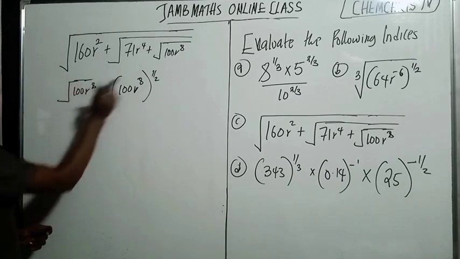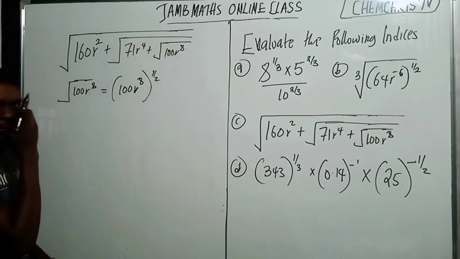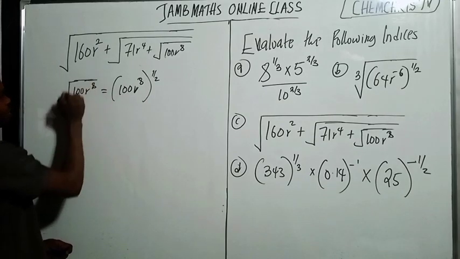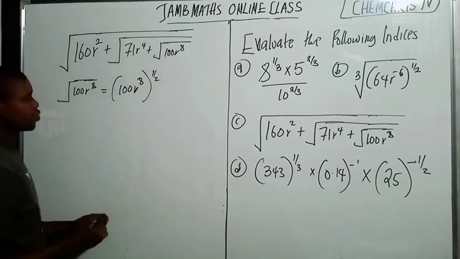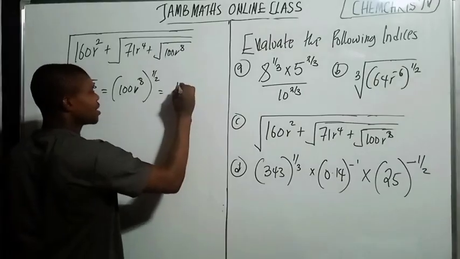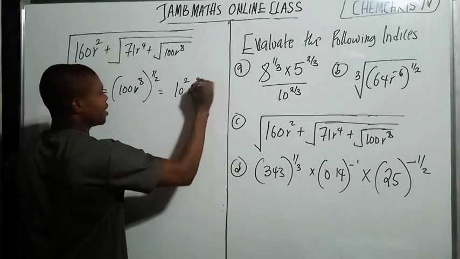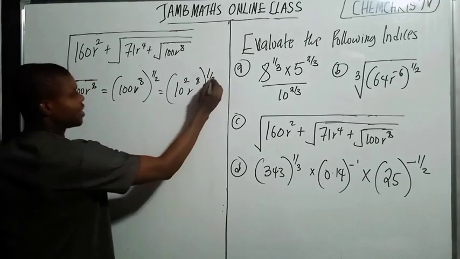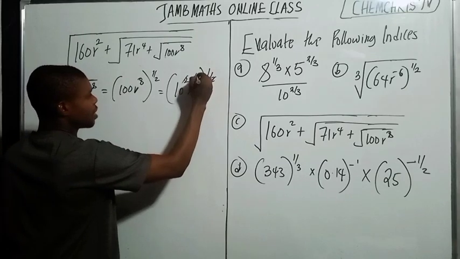So this guy, if you pick this guy and evaluate it separately, do you understand? So what you have here is this, because the square root here also is that 1 over 2, right? Now let's break this 100 down. This 100 also is 10 raised by 2, raised by 8, right?